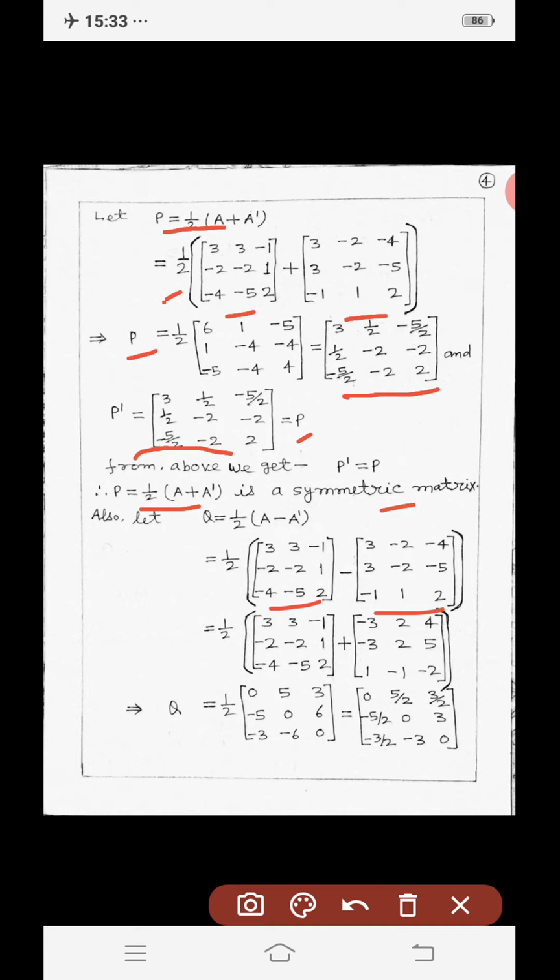Here we multiply by minus 1 in matrix A transpose, we get 1 by 2 into [3, 3, minus 1; minus 2, minus 2, 1; minus 4, minus 5, 2] plus [minus 3, 2, 4; minus 3, 2, 5; 1, minus 1, minus 2]. So Q is equal to [0, 5 by 2, 3 by 2; minus 5 by 2, 0, 3; minus 3 by 2, minus 3, 0].